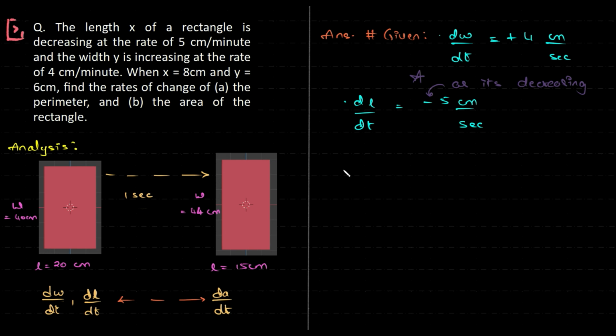Next thing is we need to figure out dP by dt when length is equal to 8 centimeter and width, y is width, right, 6 centimeter. Similarly, we need to figure out the same thing, instead of dP, it is dA, the same thing.